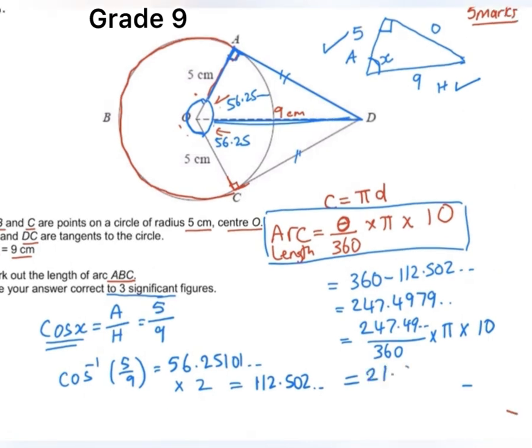That equals 21.598 and so on. But remember, 3 significant figures: 1, 2, and 3, and the next number is 5 or bigger, so 21.6 centimeters.